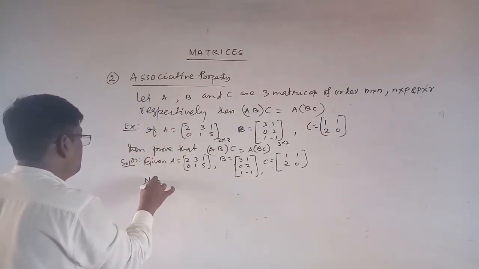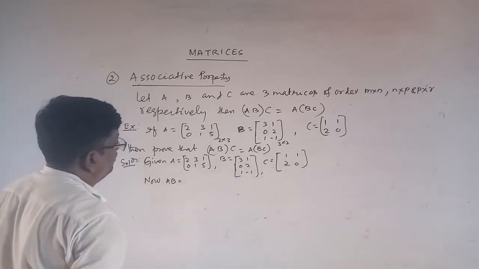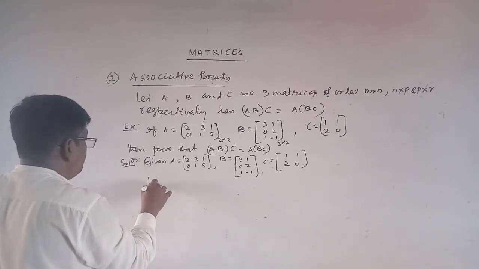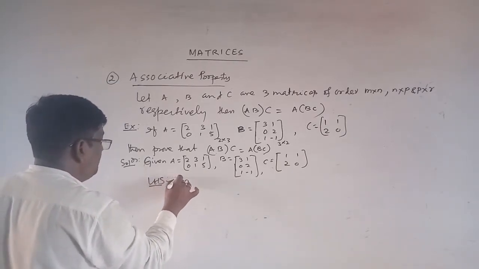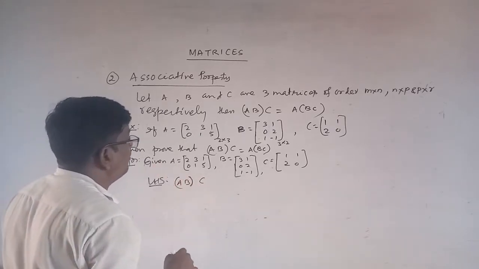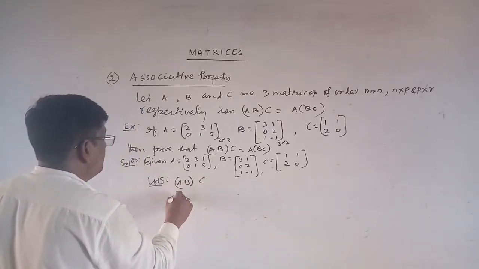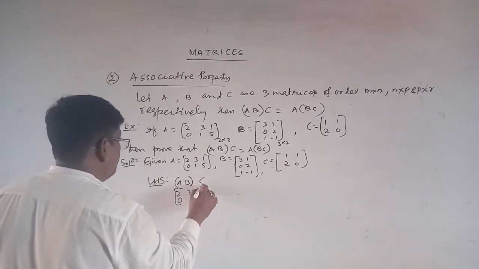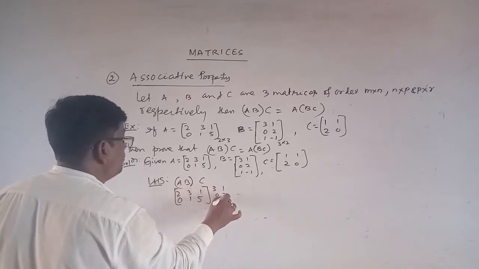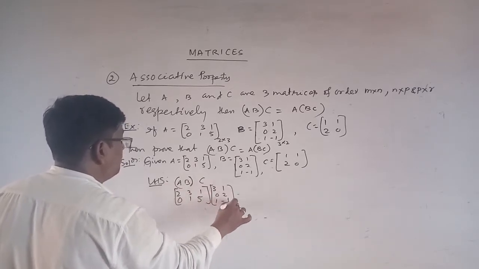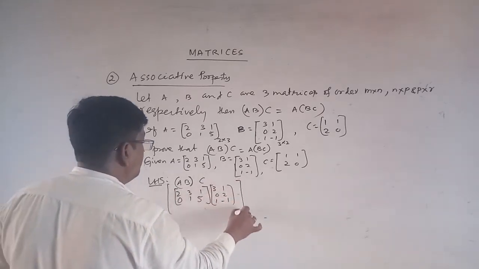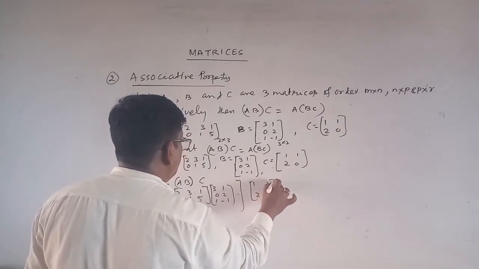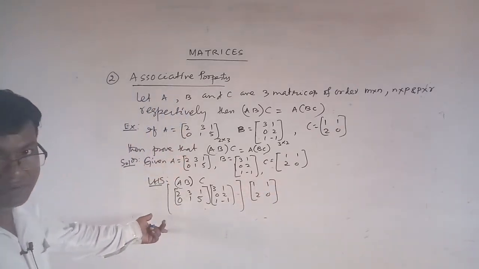The left hand side is AB bracket C, and A here is 2, 3, 1, 0, 1, 5, and B means 3, 1, 0, 2, 1, minus 1, and C is equal to 1, 1, 2, 0.